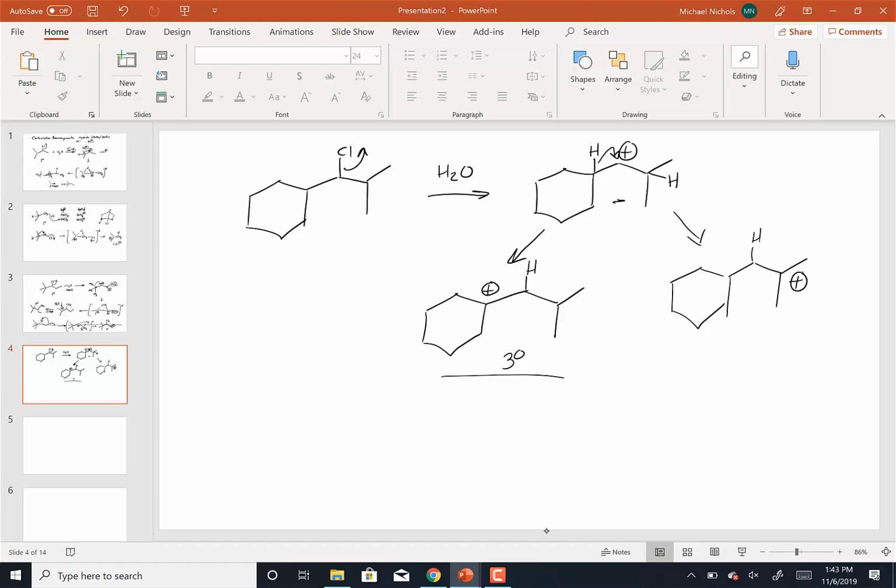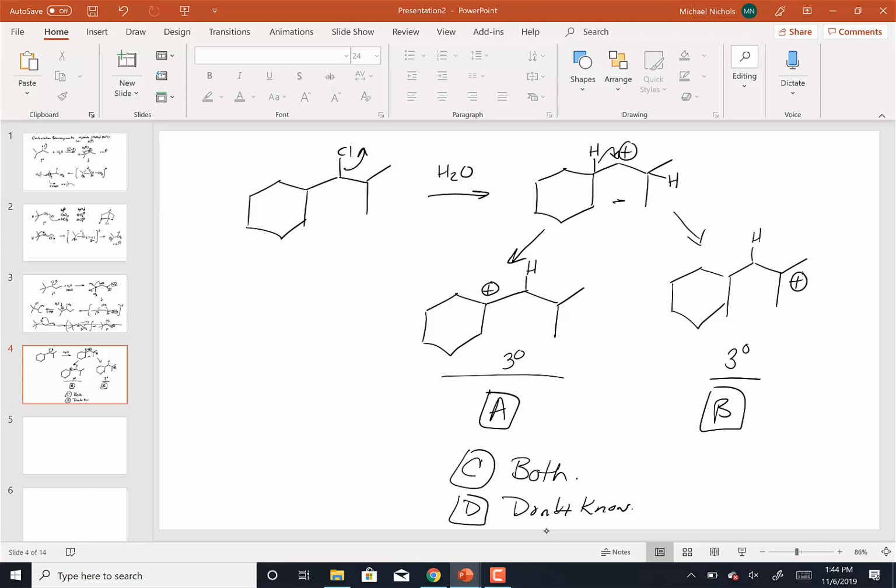Tertiary. How about the carbocation I just made by shifting the right hydrogen? It's tertiary as well. Okay, so let's call this valid. Good shift. Follows the rules. All right, we have A and we have B. And then we have C, both. And then we have D, don't know.